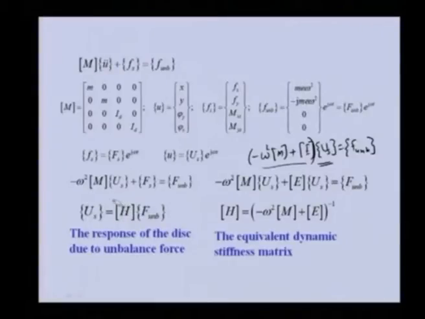If you see, H is basically giving some kind of effective stiffness, an effective influence coefficient of the rotor, which means not only from the shaft but also from the bearing. So we can get the unbalanced response using this relationship.